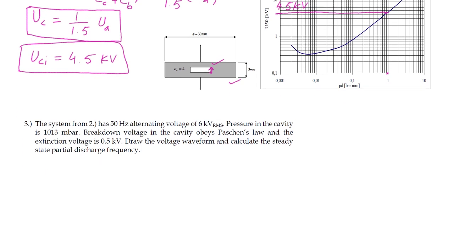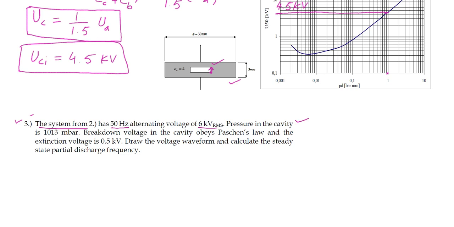Now we are given the system for problem 2. The system has a frequency of 50 Hertz and a voltage supply of 6 kV RMS sinusoidal, and the pressure in the cavity is the same as before.